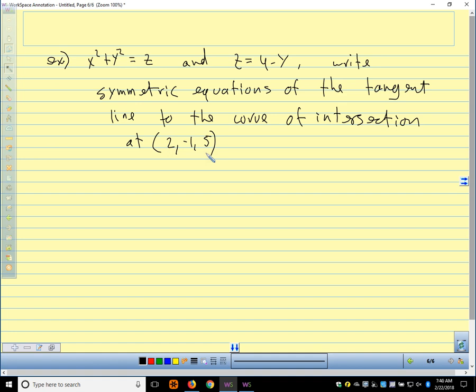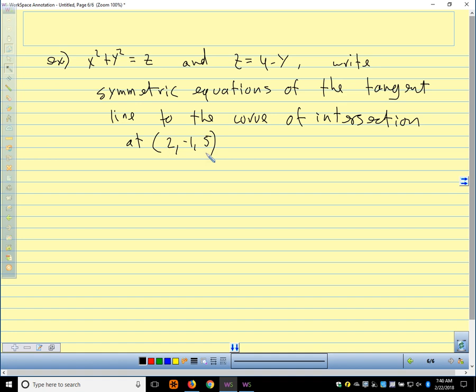We could try to set these two equal to each other and then parameterize that curve. That could be challenging.